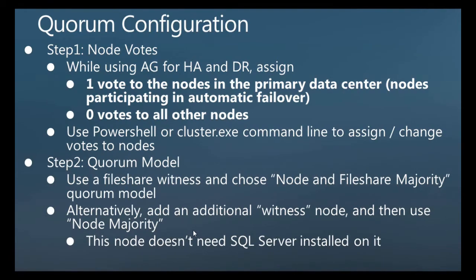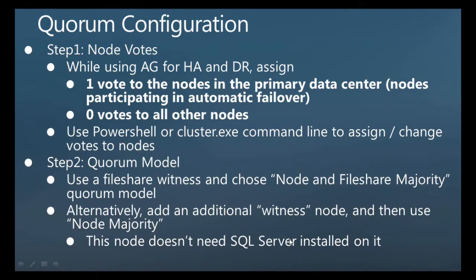The second step is to consider your quorum model. We already mentioned there's node majority, and node and file share majority. So basically in this AG solution, usually use node majority if you have an odd number of nodes. If you have an even number of nodes in the cluster, then you probably want to consider node and file share witness majority.